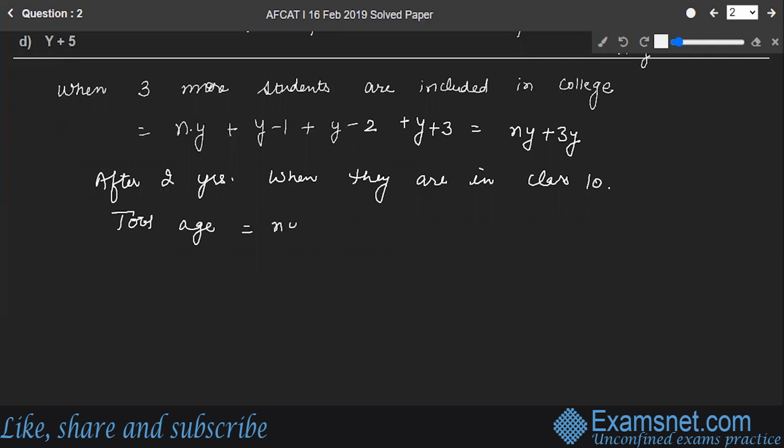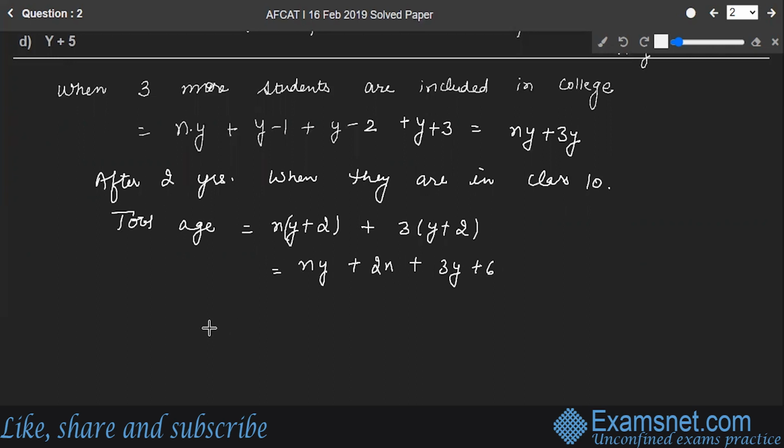This will be equal to N into Y plus 2 plus 3 into Y plus 2, which gives you NY plus 2N plus 3Y plus 6.